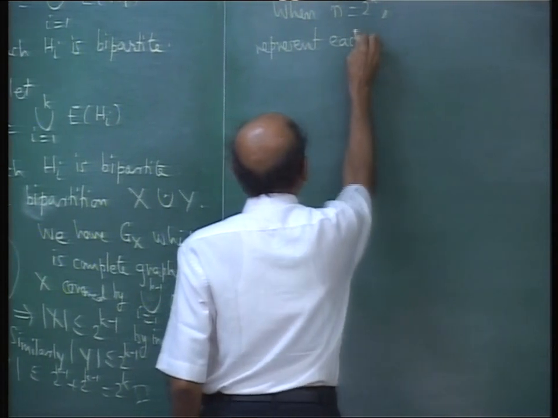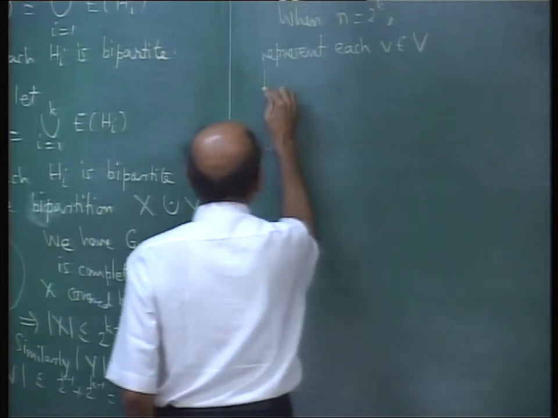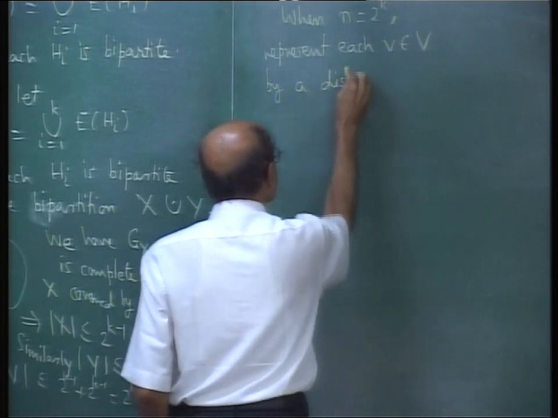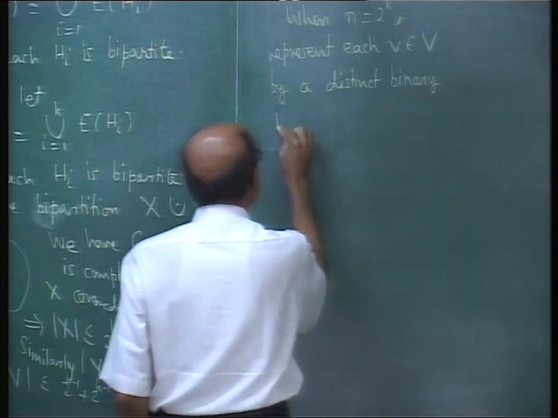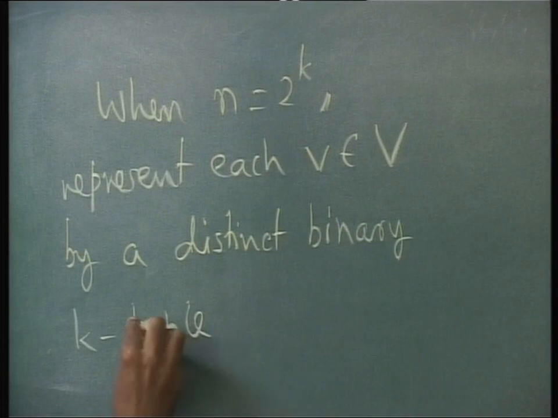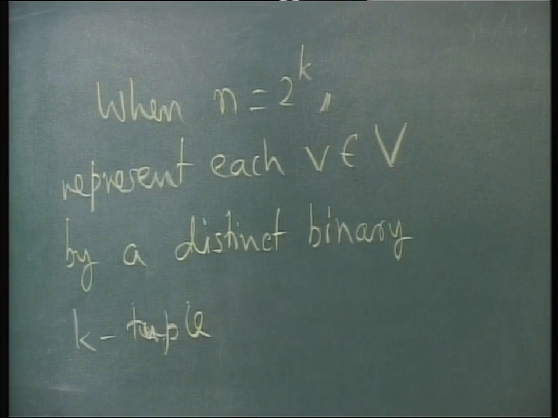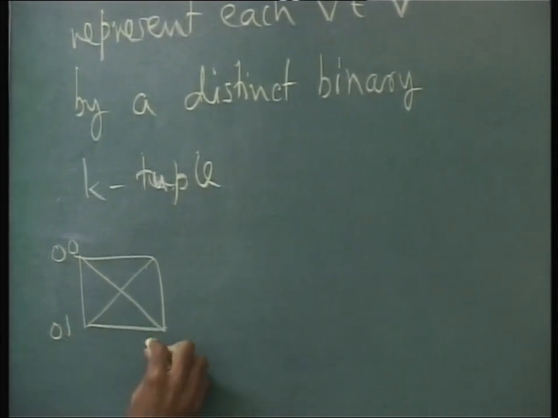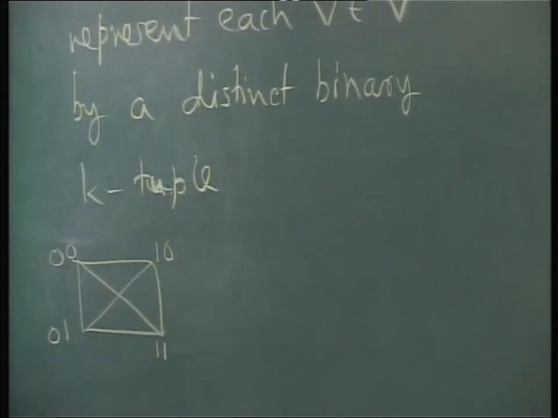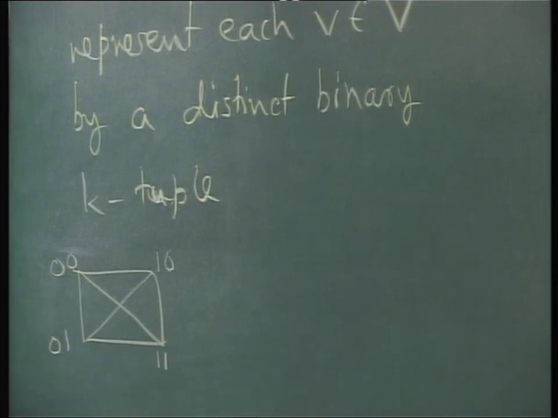Each by distinct. For example, when I'm talking of K4, and I go coordinate wise, what does that mean?